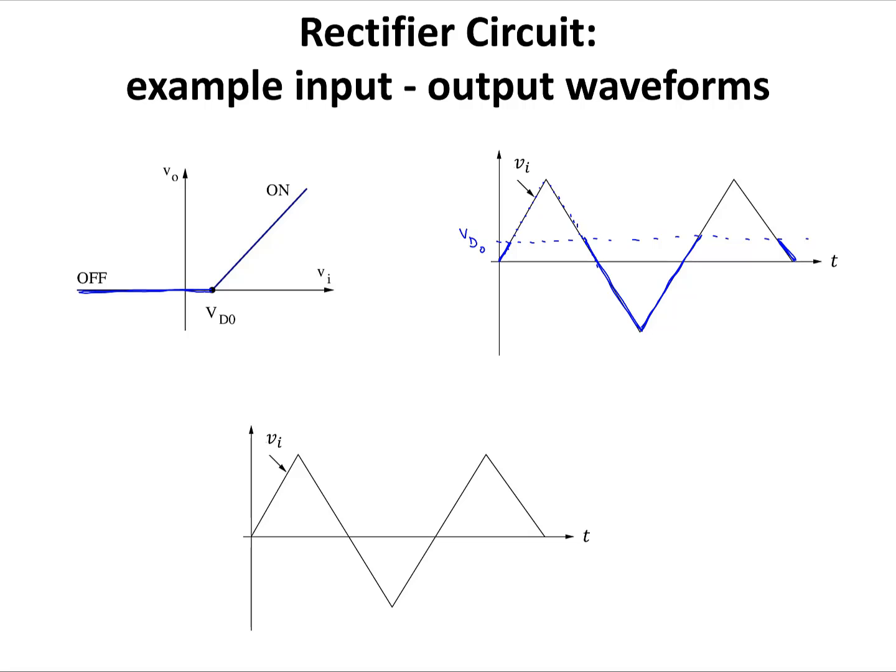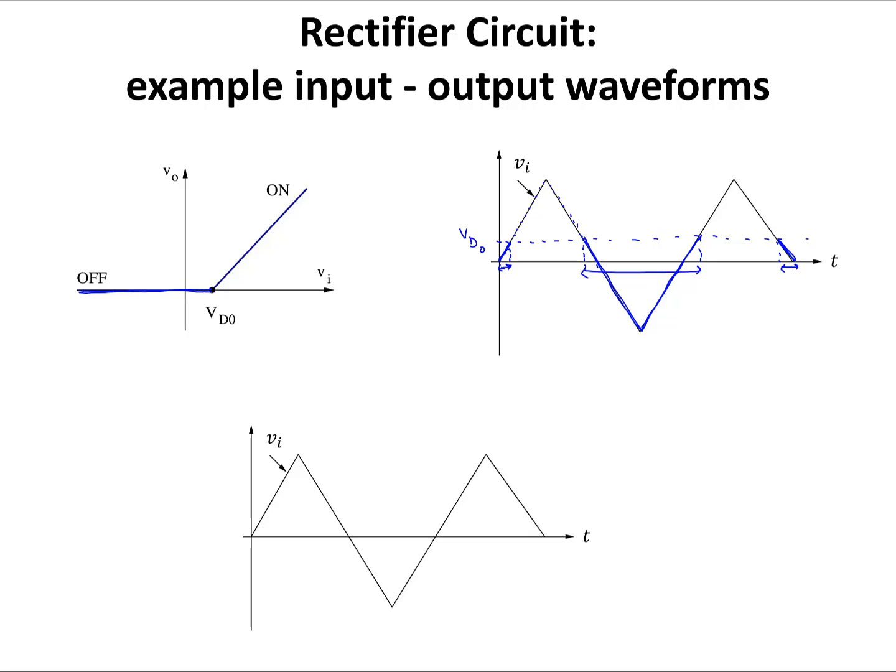Now, I can label the time points at which this happens. The amplitude of Vi is less than VD0 from here to here, from here to here, and from here to here. So I know that for these time intervals, Vout is going to be equal to 0.